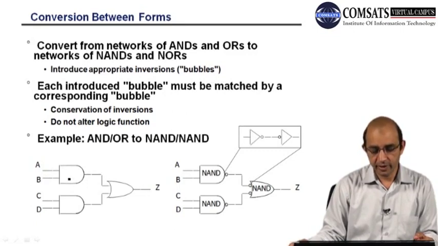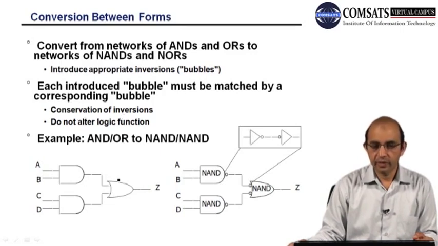So here again we can see the example. Each introduced bubble must be matched by a corresponding bubble. So we have introduced two bubbles over here so that they are matched and they have no impact, they will cancel out.